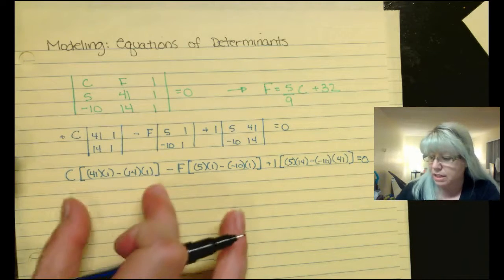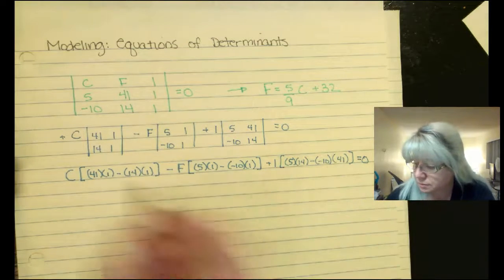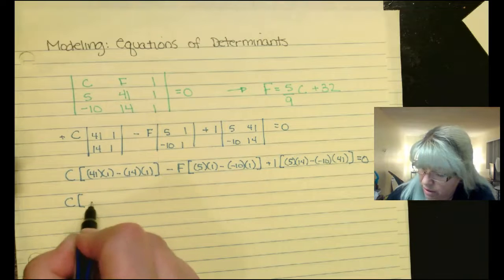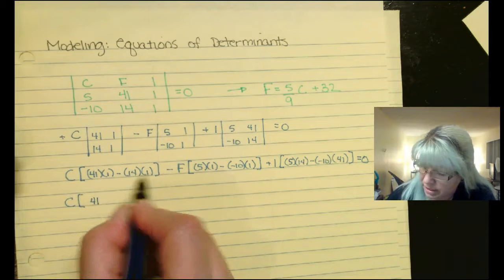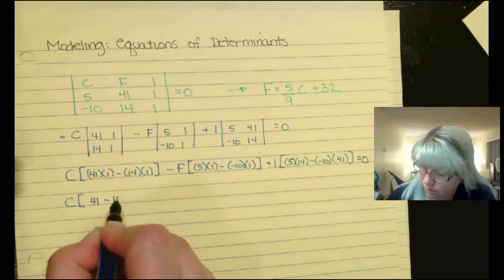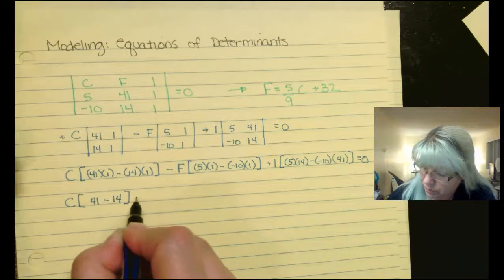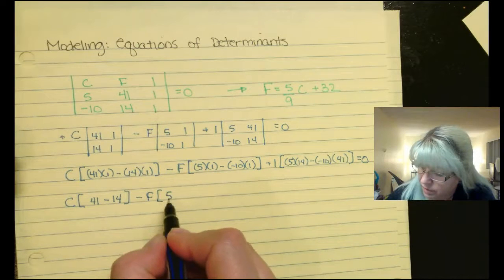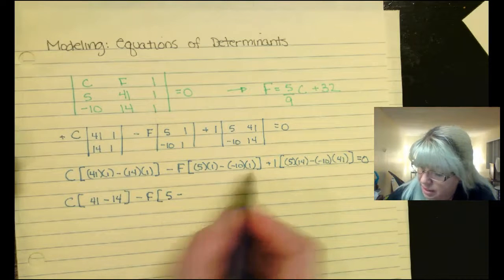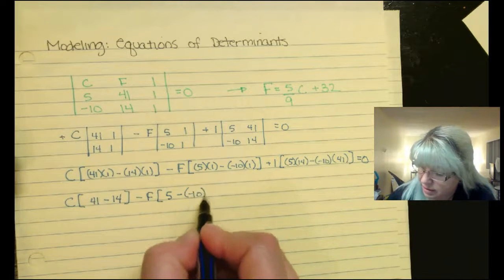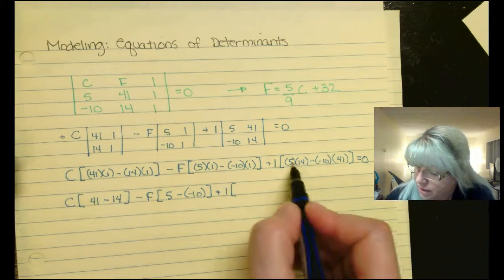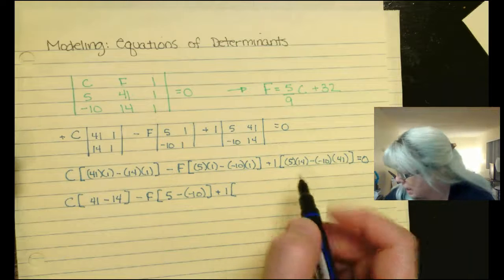I'm going to do the math in each of these parentheses. C times 41 times 1 is 41. 14 times 1 is 14. 5 times 1 is 5, minus negative 10 times 1 is negative 10, plus 1 times 5 times 14.